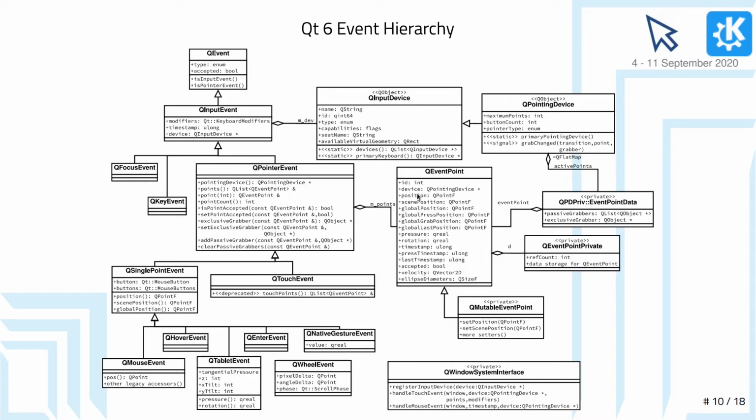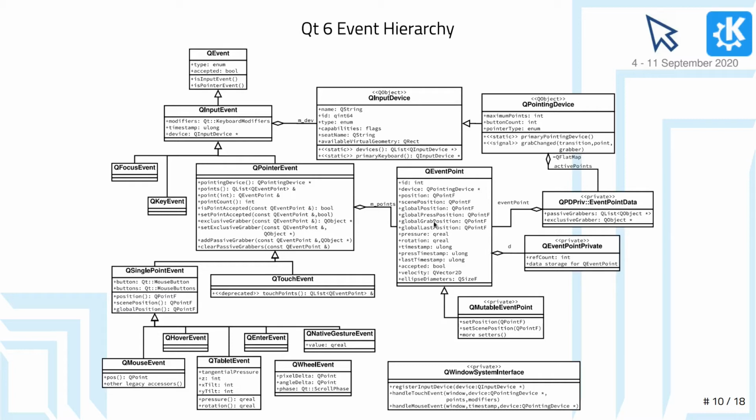So the standard interface for positions now, we have the position, the scene position, and the global position. That's it, and that's always the same name. But it also remembers some historical positions for historical reasons, because that's how we were doing it in Qt Quick. Global press position, it remembers where was the mouse at the time that you pressed, or the finger.